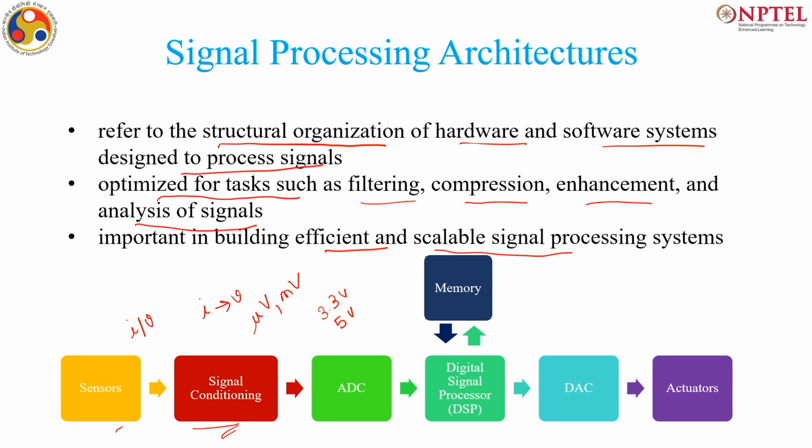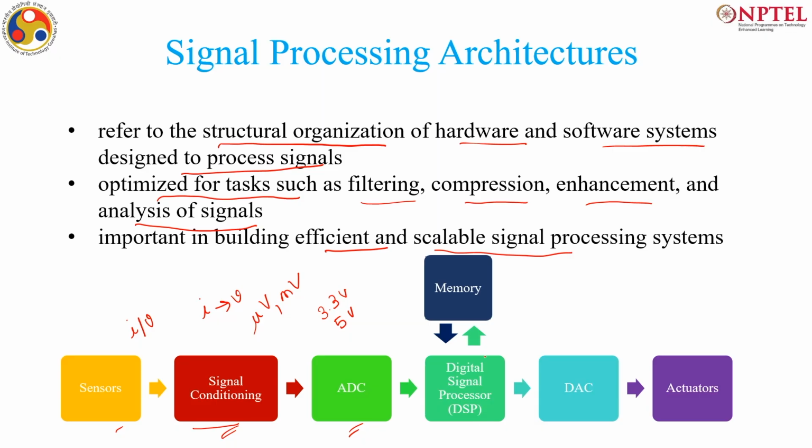Now once we get the conditioned signal, that is sent to my ADC. This ADC can be outside the signal processor or it can be part of the signal processor, and it converts the analog signal to my digital signal stream. Now this is processed.